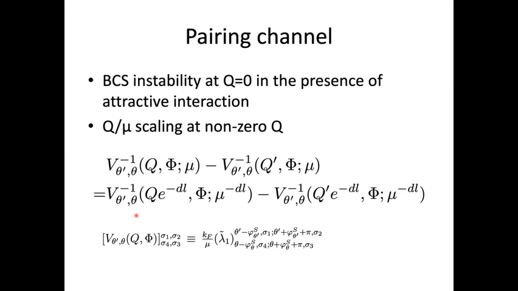But still, the most important zeroth order effect is the instability present at Q equals 0, as was pointed out by Shankar and many others.